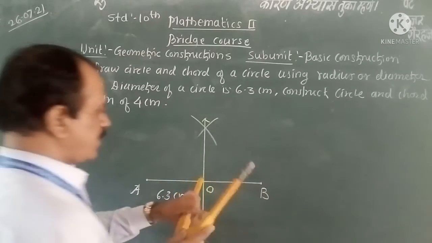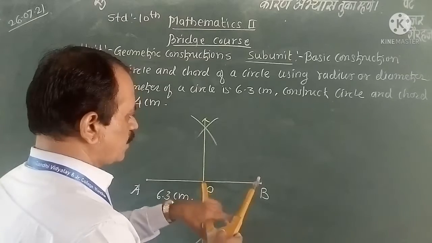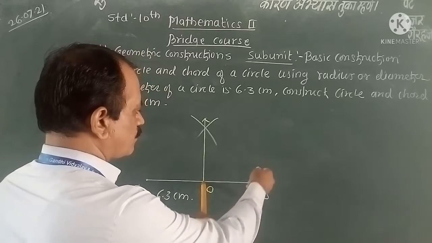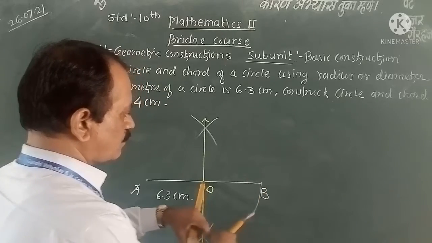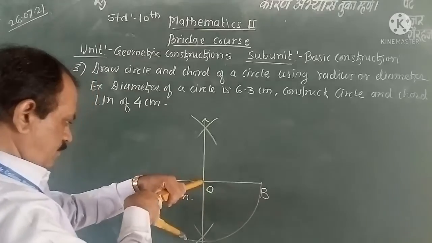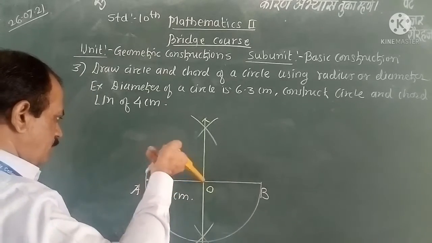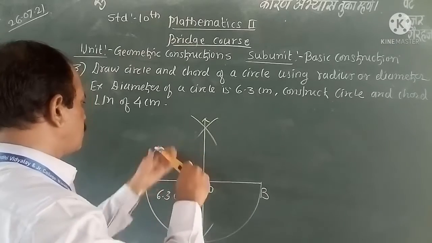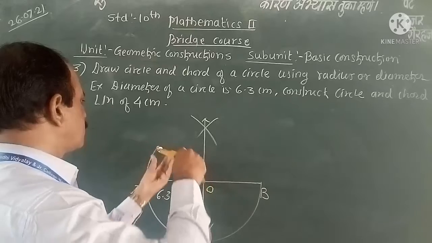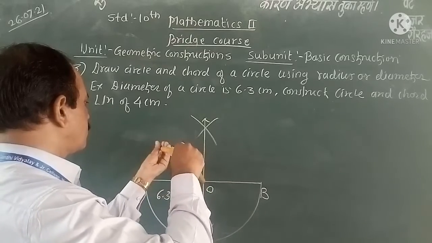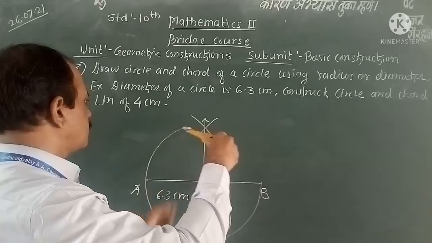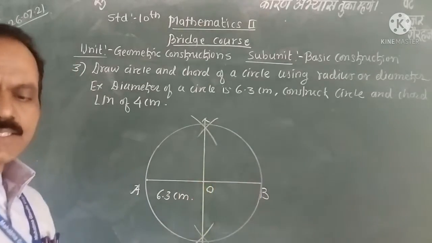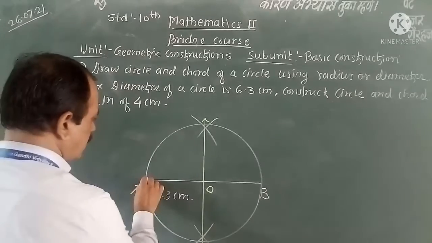Now take the radius OB and construct a circle. This is the circle having AB as the diameter.